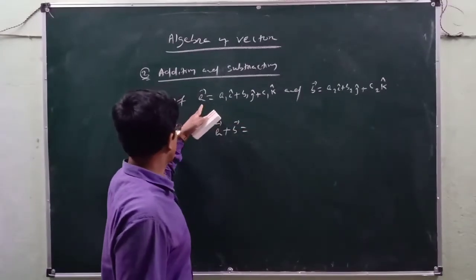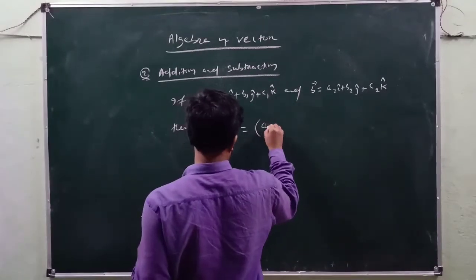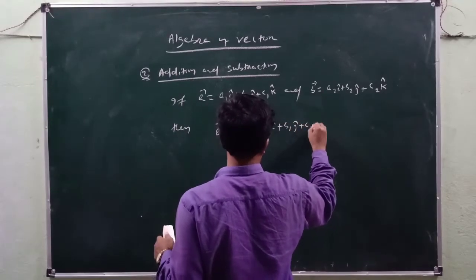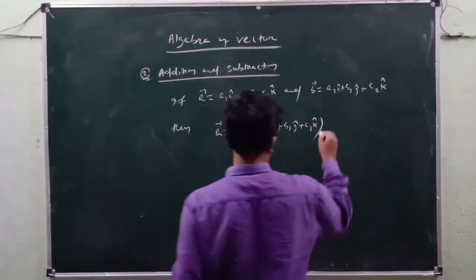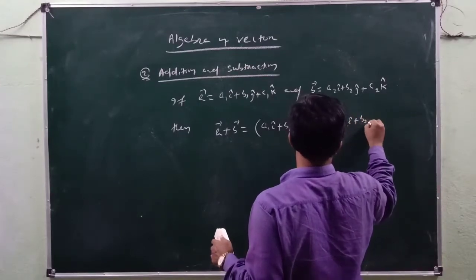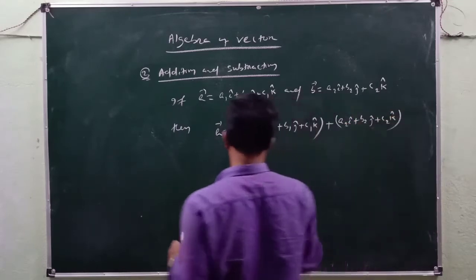That means the addition of a vector and b vector will be a1 i cap plus b1 j cap plus c1 k cap, plus a2 i cap plus b2 j cap plus c2 k cap.